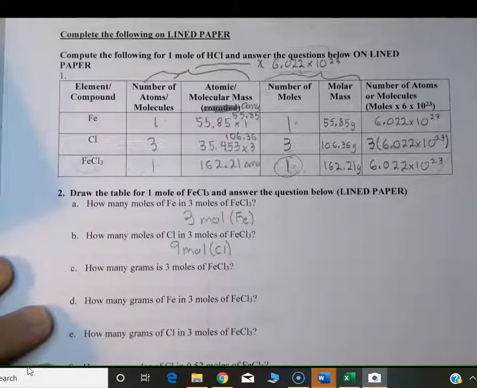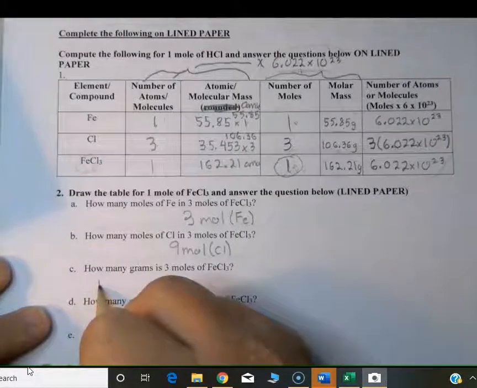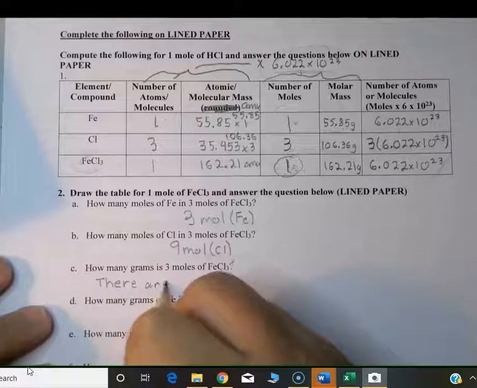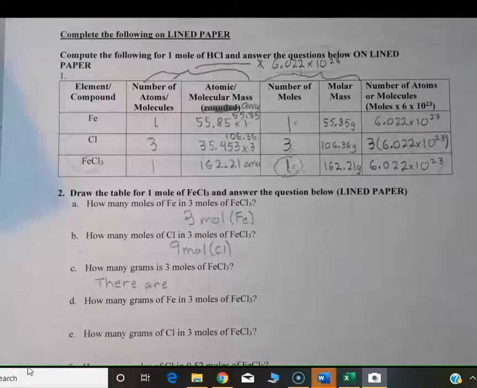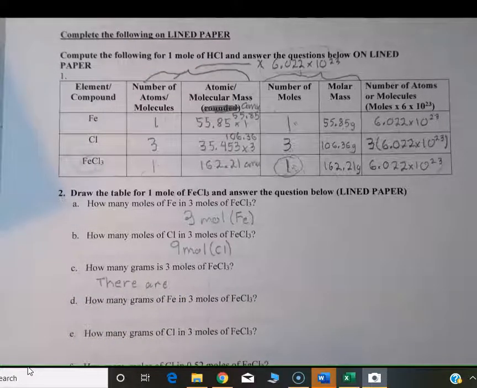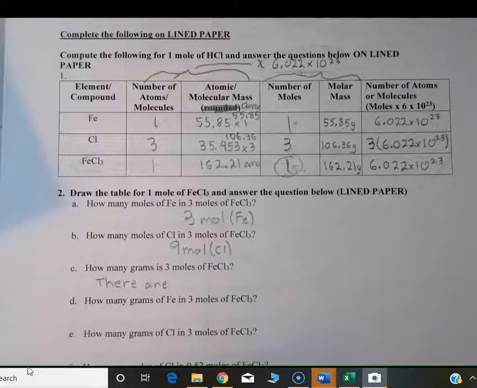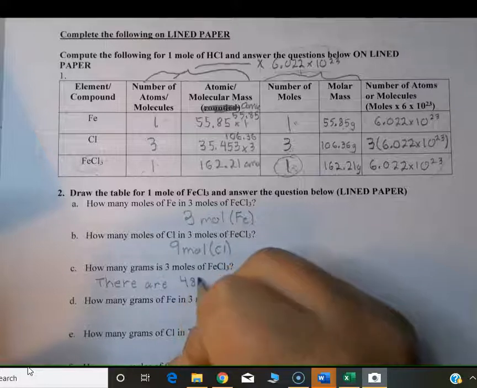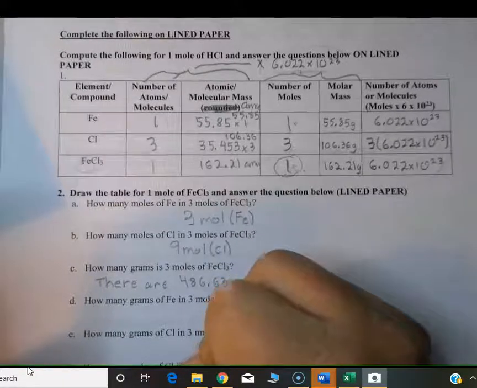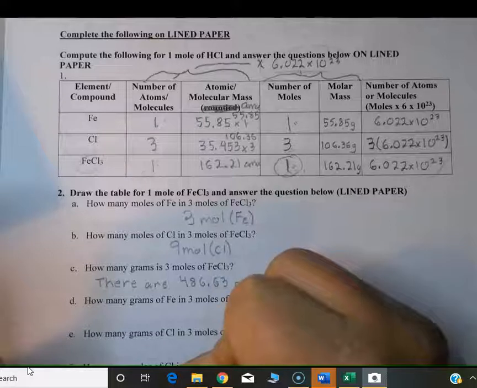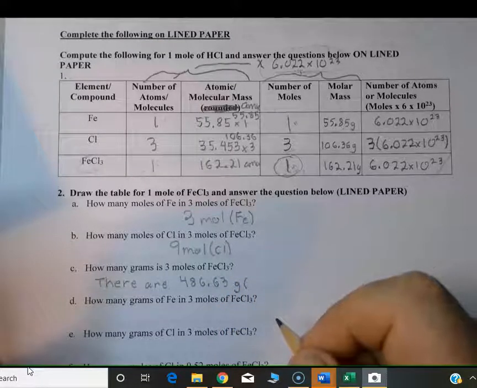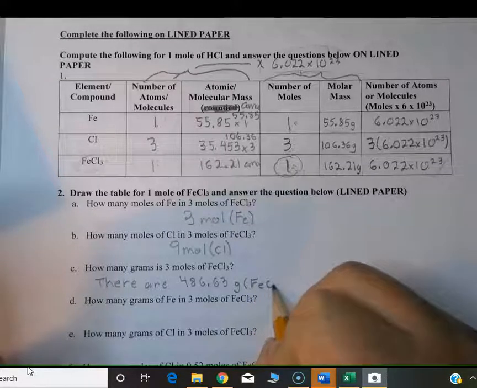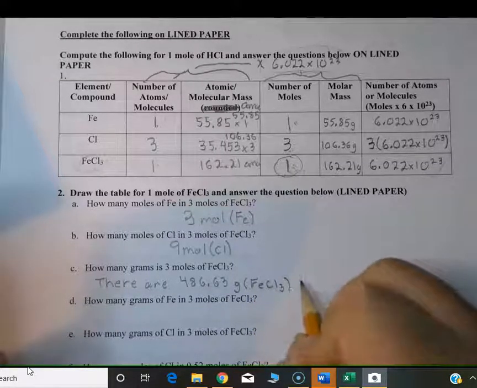So write this out as a complete sentence so that you tie the two together. There are, and I'm going to do the math on this, 3 times 162.21 equals 486.63 grams, unit of measure, of the compound, FeCl3 in 3 moles.